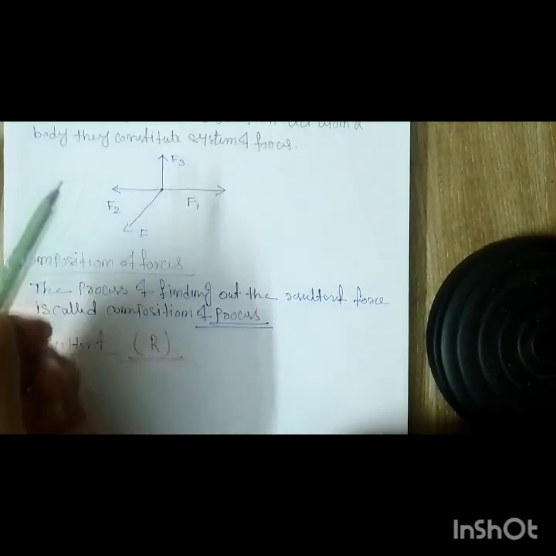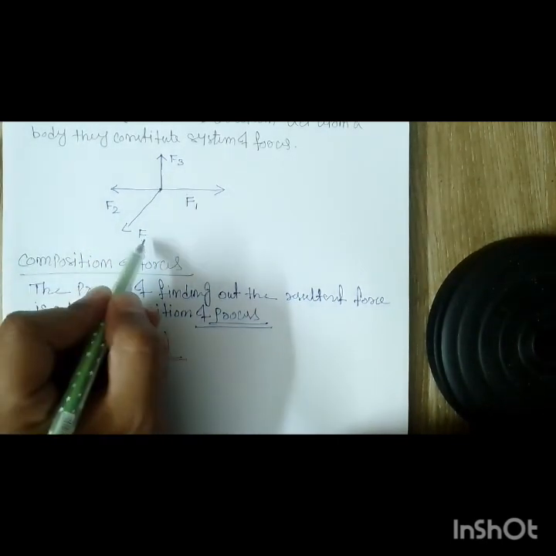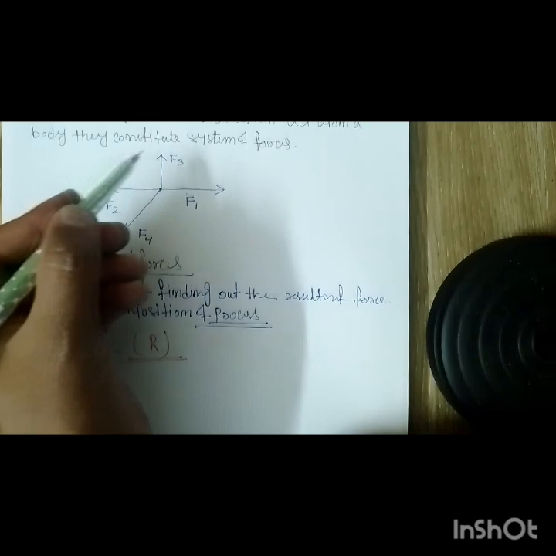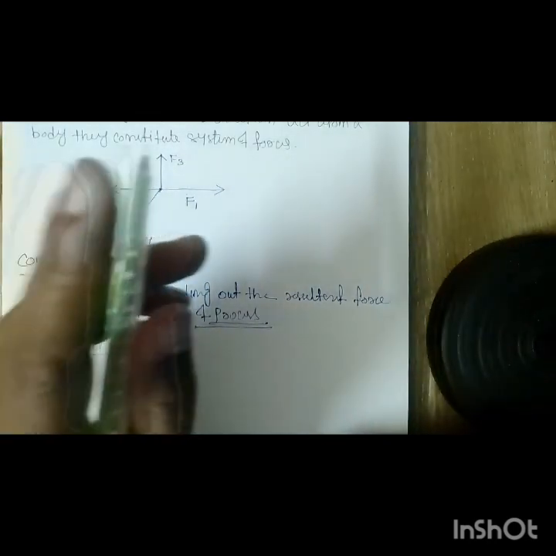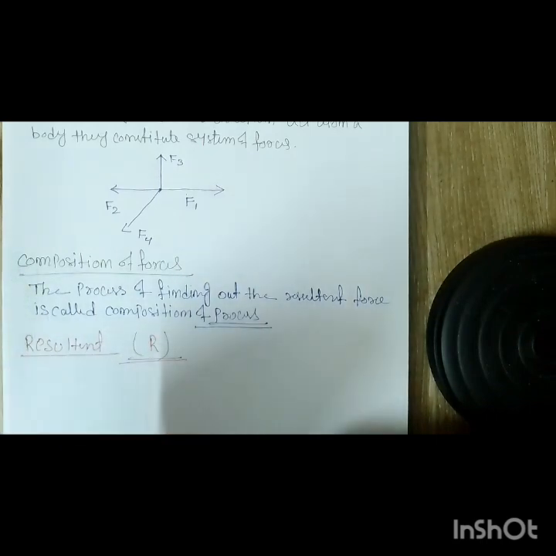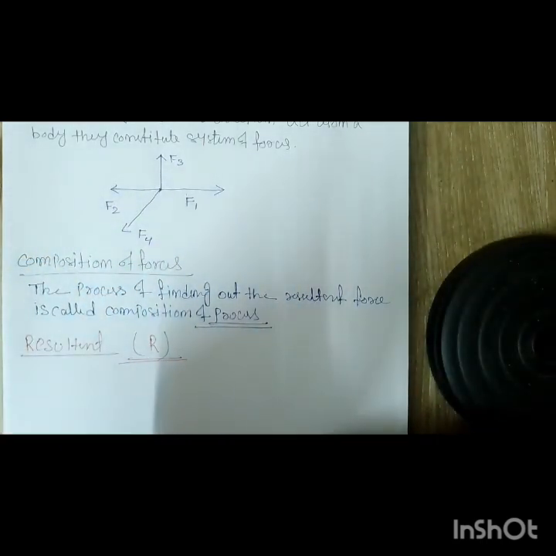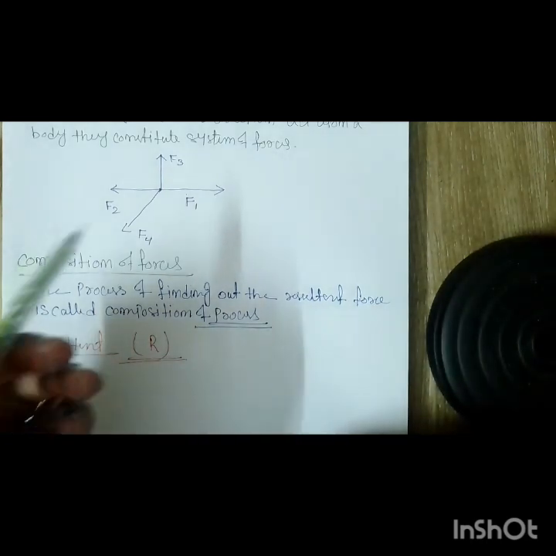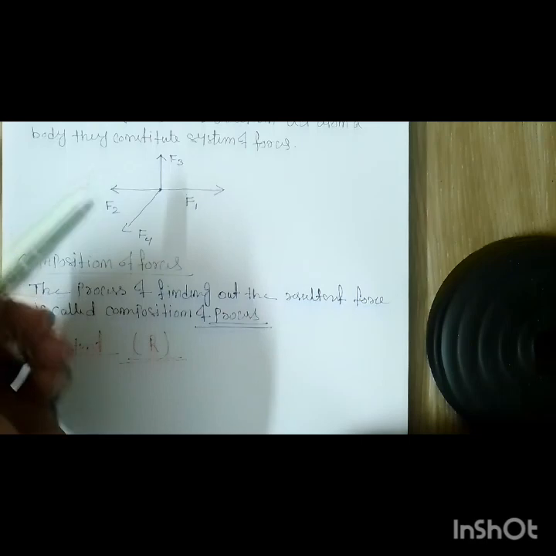In this system you have four forces, F1, F2, F3 and F4. When you convert these four forces into a single force, that single force is called the resultant of these forces, and it has the same effect that these forces create on the system.